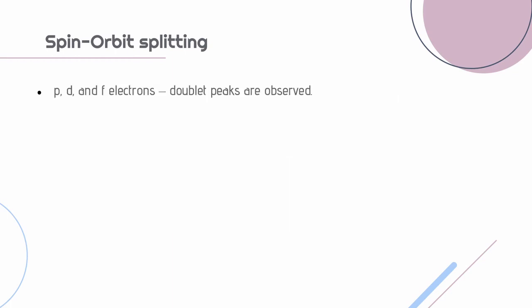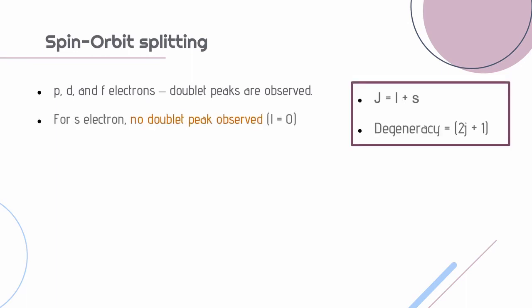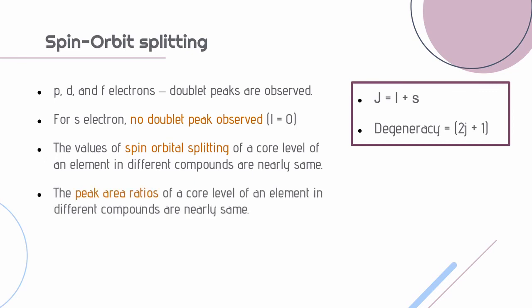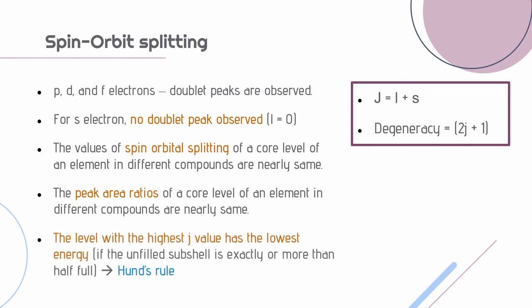We observed that p, d, and f electrons have doublet peaks, but for an s electron, no doublet peak is observed. In any compound, the values of spin orbit splitting and peak area ratios of a core level of an element are nearly the same. And we have Hund's rule, which says that the level with the highest j value has the lowest energy. So in a p subshell, p3/2 has lower energy than p1/2.